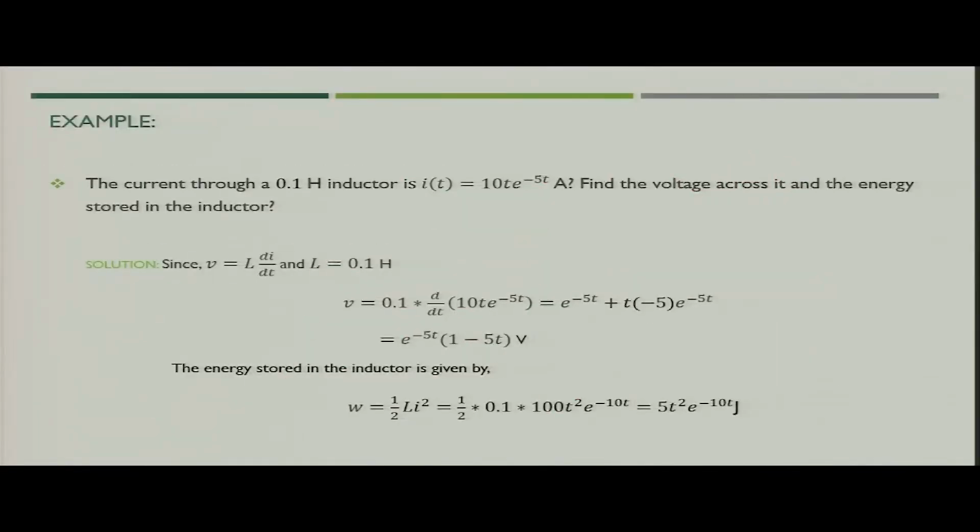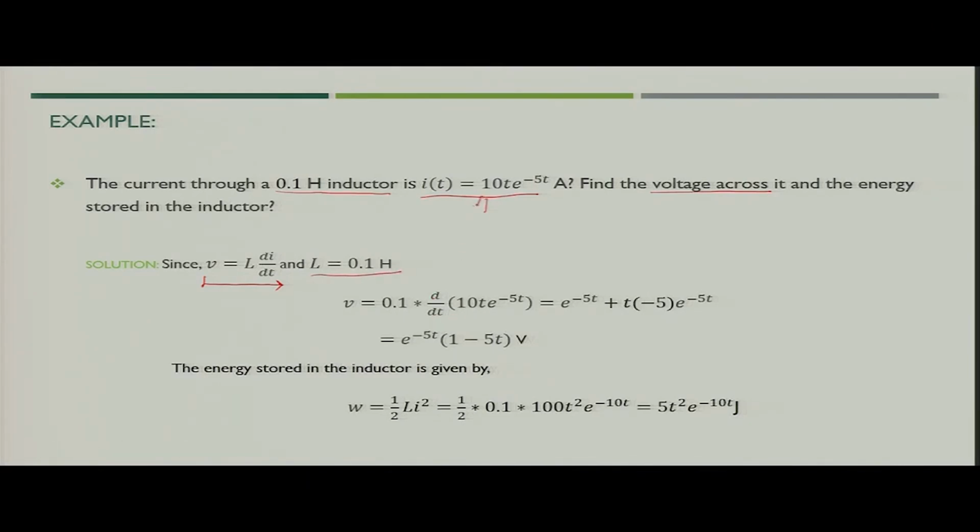Now, let us take one example. Suppose the current through an inductor is given as I(t) equal to 10 t e to the power minus 5t, and the inductor value is 0.1 Henry. We need to find the voltage across that inductor. We will use the formula V equal to L dI by dt, where the value of L is given.